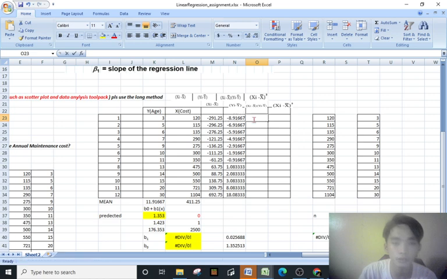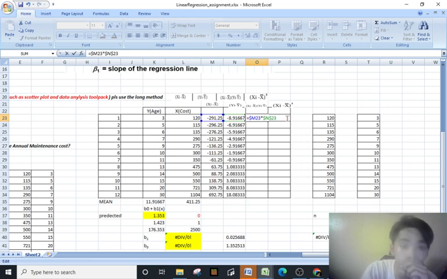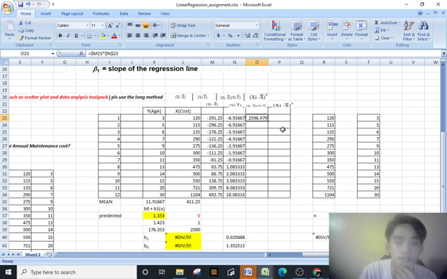So multiply the two: equals, click, multiply, M23 multiplied by N23, lock by using the dollar sign. Click enter. It gives 2596.979. Then copy and paste for the rest.